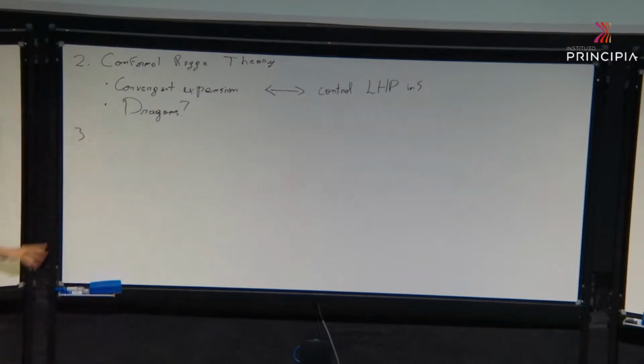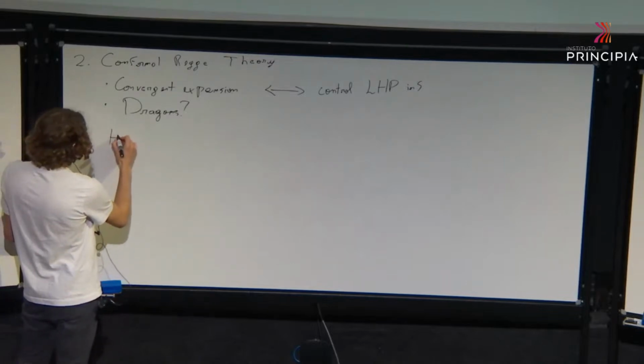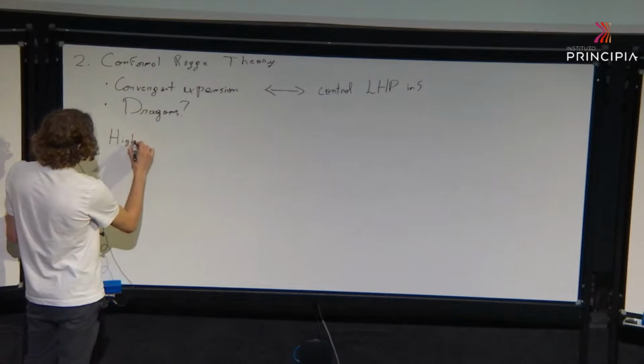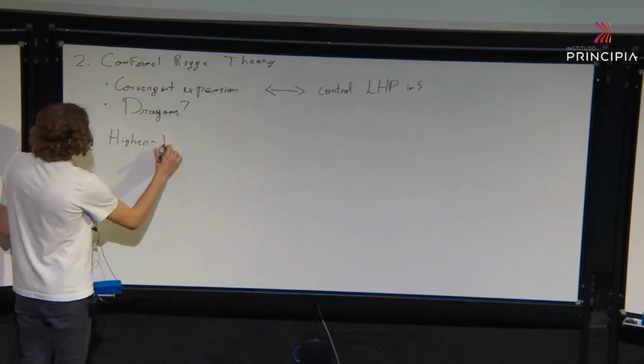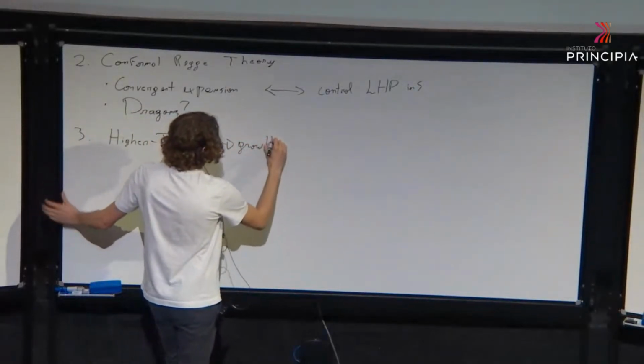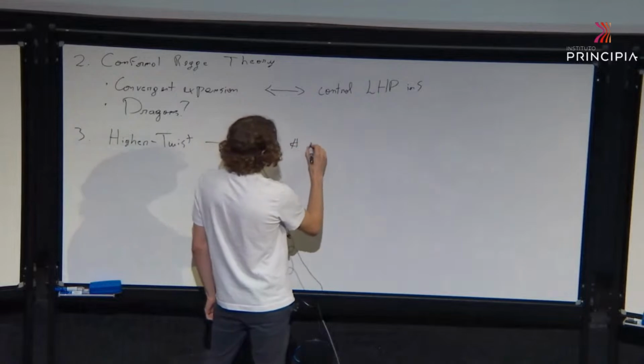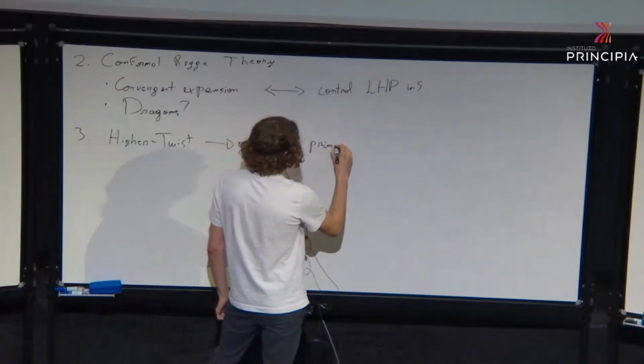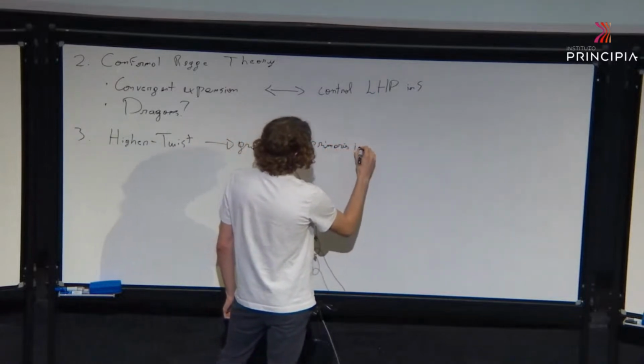is related to what Peter was describing yesterday, which is this feature that in higher twist sectors in CFT, there is a growth of the number of primaries in spin.